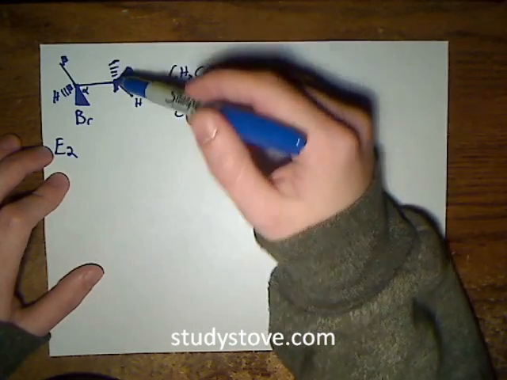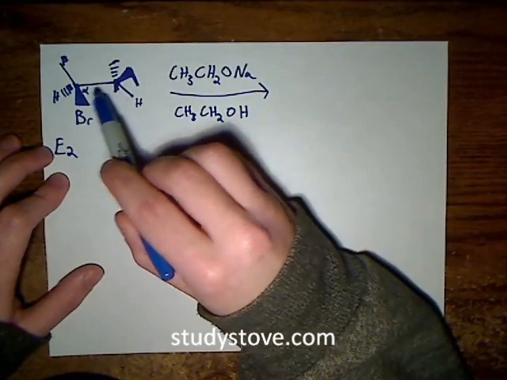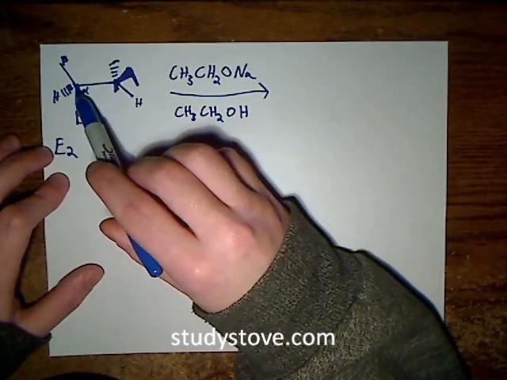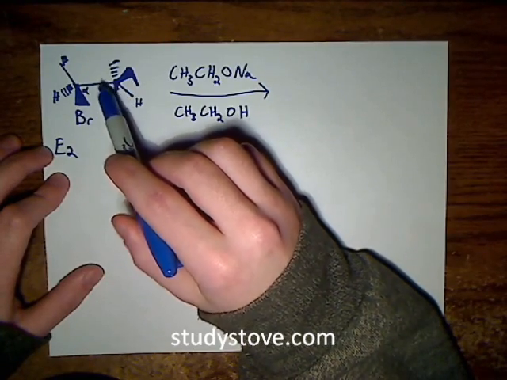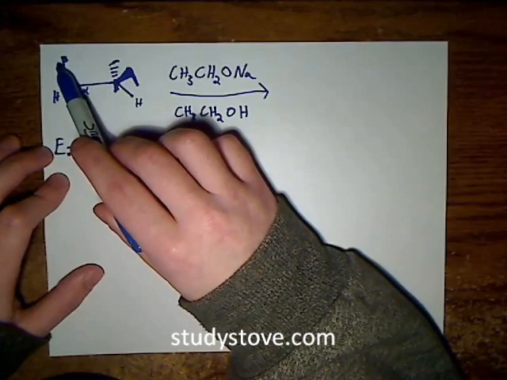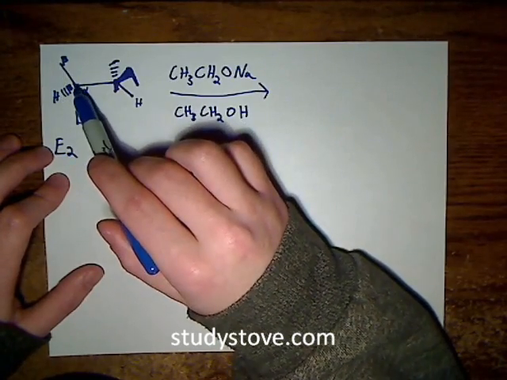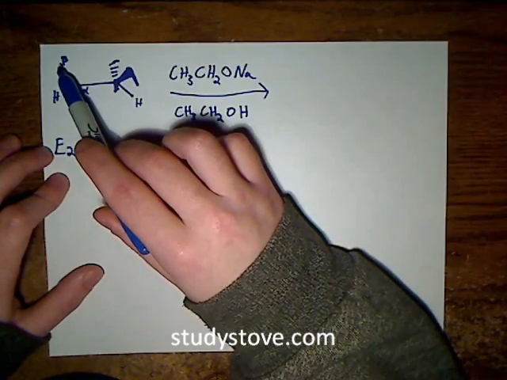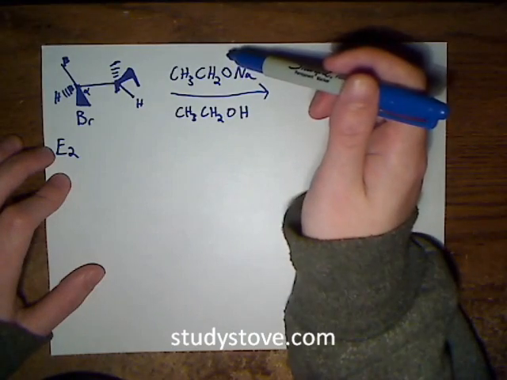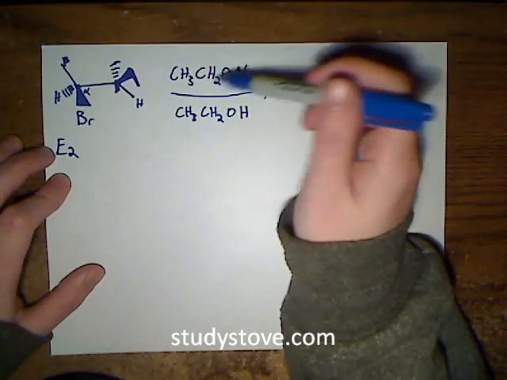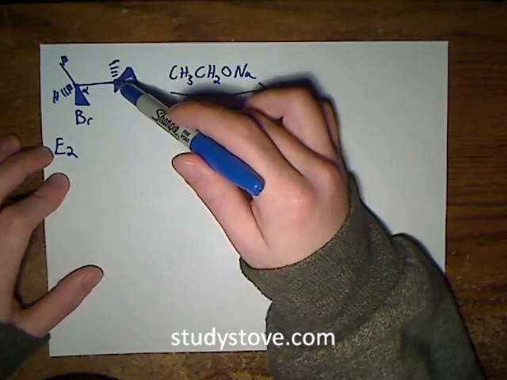If we take this hydrogen in an E2 reaction, we'll get an internal double bond, which would be called the Zaitsev product. But if we take a proton off of this carbon over here, we'll end up with the less substituted terminal double bond, which would be called the Hofmann product, which you don't get unless you're reacting with a bulky base. Because we're not using a bulky base here, we will end up with the Zaitsev product.